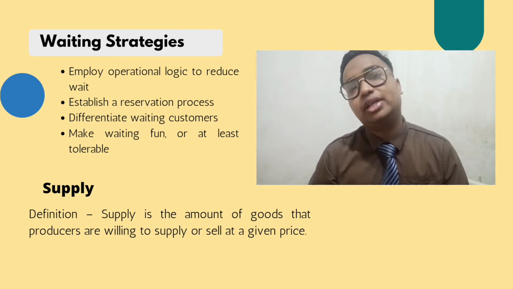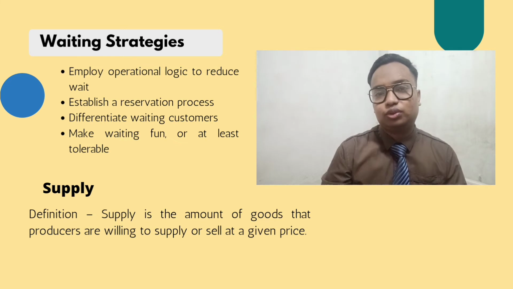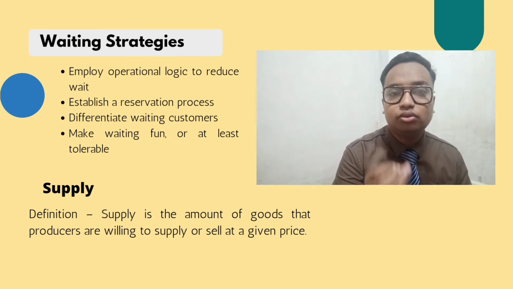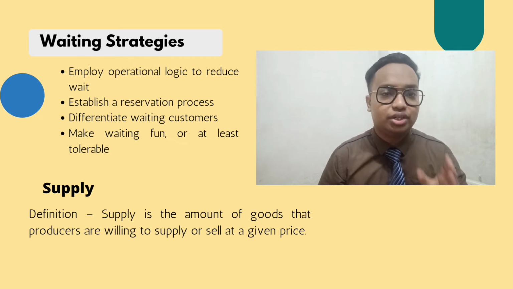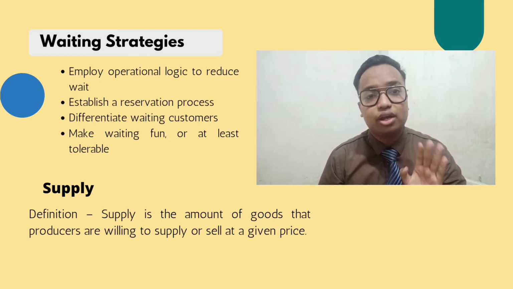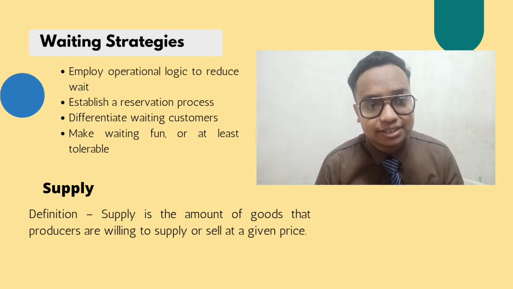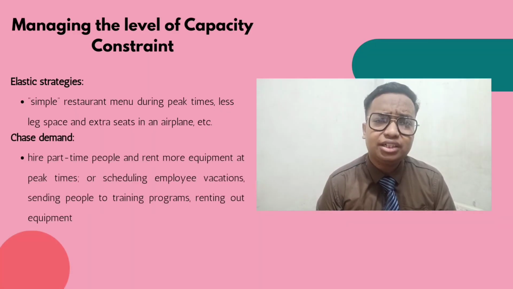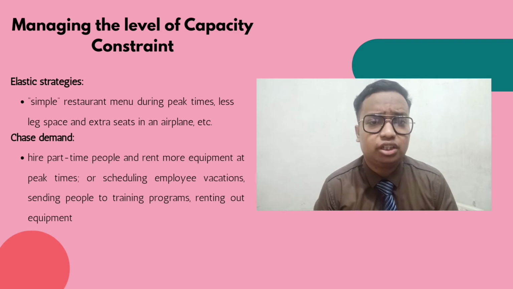Okay, next we will move to the supply. The meaning of supply is the amount of goods that producers are willing to supply or sell at given prices. Managing the level of capacity constraint.